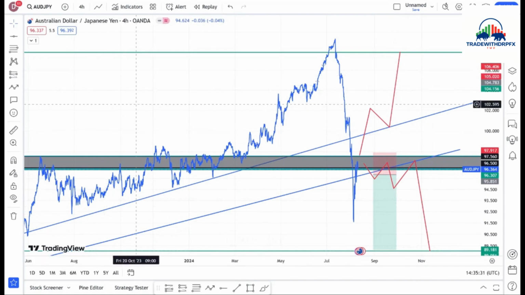Almost 1:3 around. So it's a very simple trade. No hard feelings about the trade. The trade is just the way we want it to go, and we just need to wait and be patient for it. That is just what I see on this AUDJPY. So that is my analysis for this week.